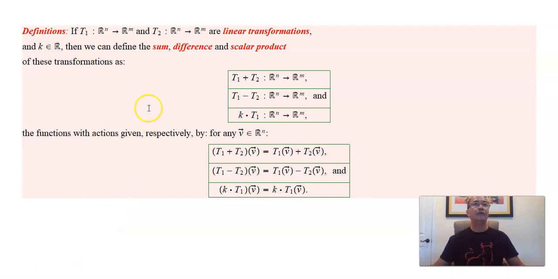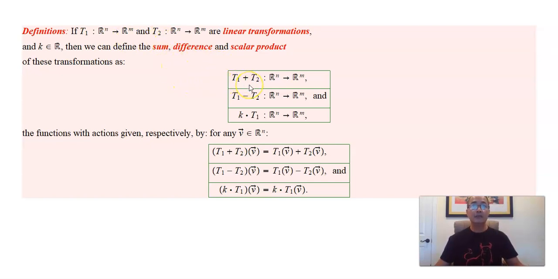So in the same way, if we have two linear transformations, T1 and T2, they must have the same domain and the same codomain. So here you have both T1 and T2 going from Rn to Rm. And of course, if K is any scalar, then we can define the sum, the difference, and the scalar product of T1 and T2.